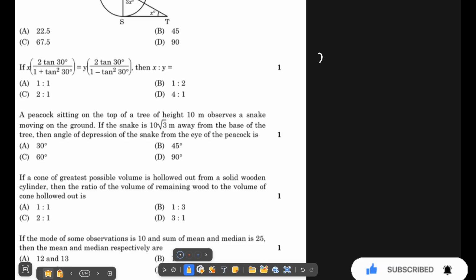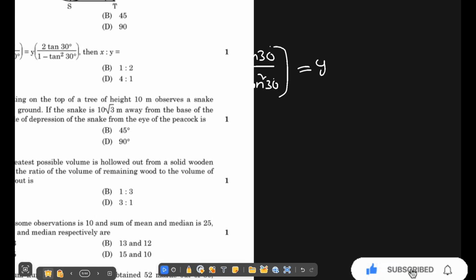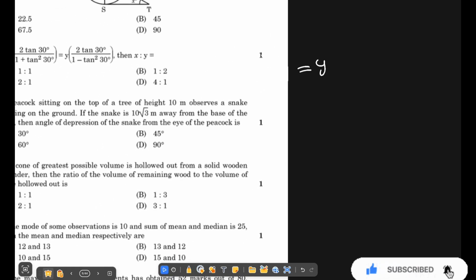So what is given? x of 2 tan 30 degrees whole by 1 plus tan square 30 degrees equals y of 2 tan 30 degrees by 1 minus tan square 30 degrees.